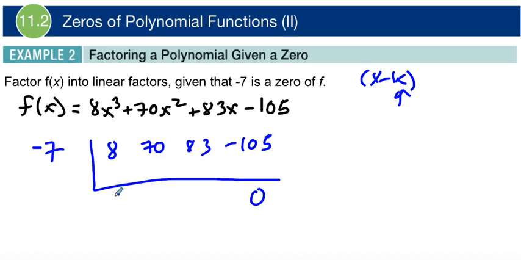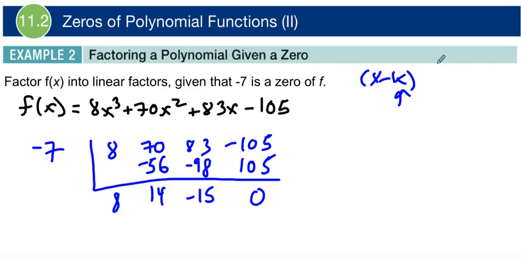So we're going to drop down the 8, multiply, and that's a 14. And that right there was -98? And add, that was 15, -15, and then multiply that, we'll get 105, and voila, we get 0.